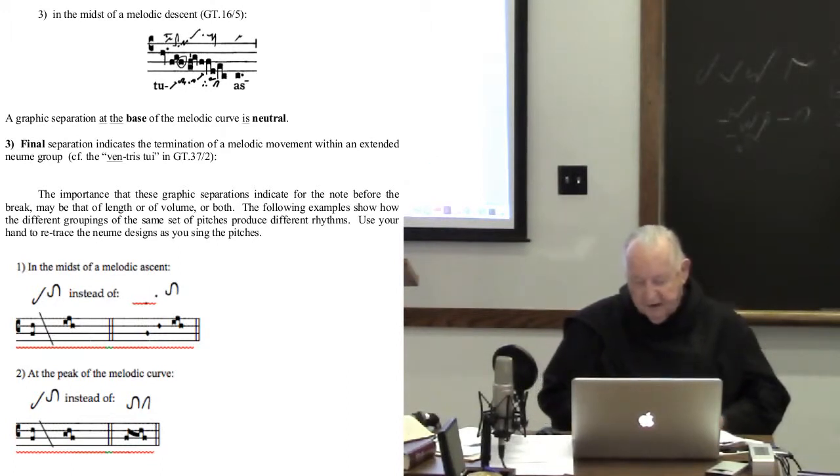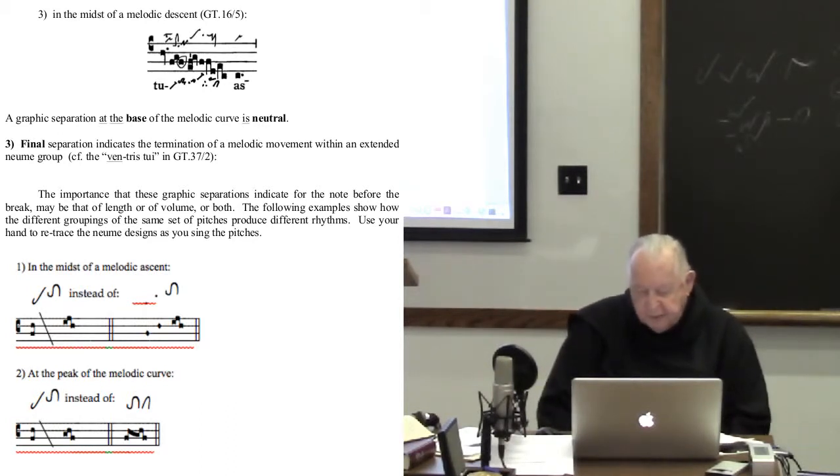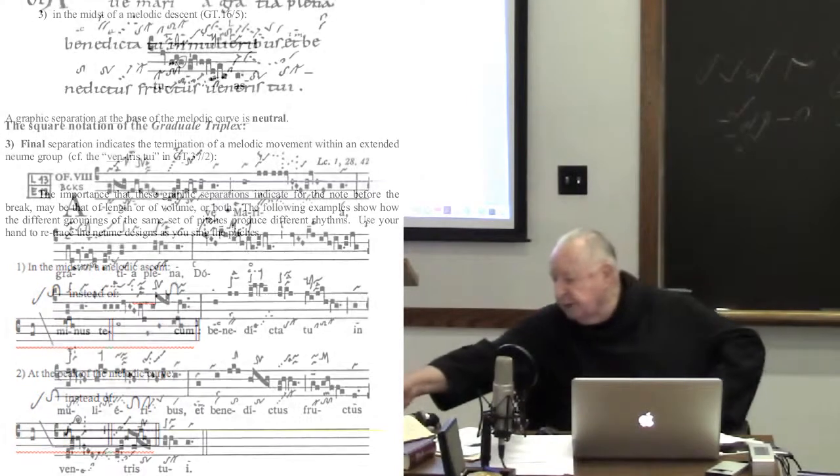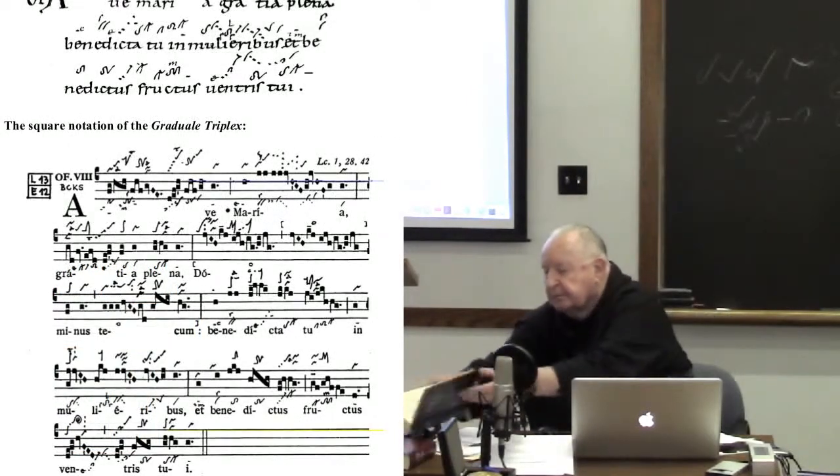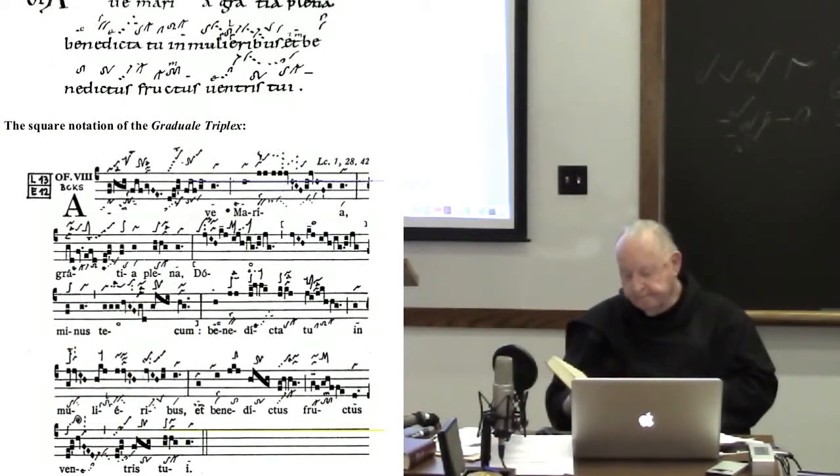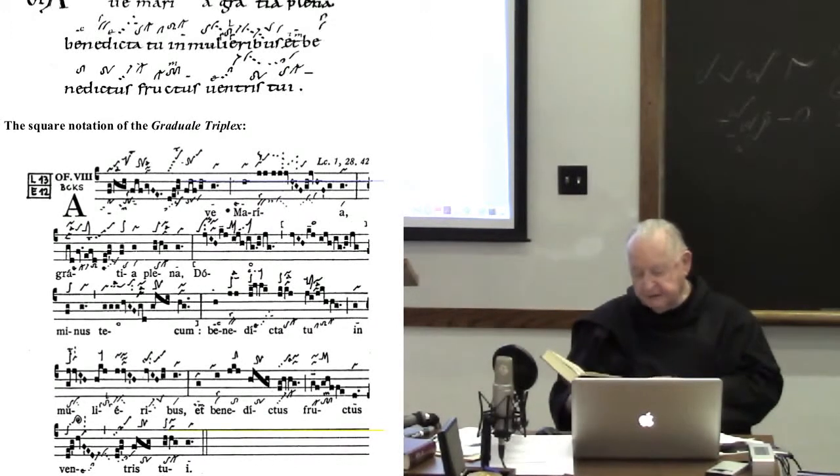Okay, now, I did a summary on this: final graphic separation. On this one, unfortunately, I didn't put an example. It's on page 37, line 2 in your Triplex. Line 2 at the bottom here, Ave Maria, on the word gratia, of gratia plena.